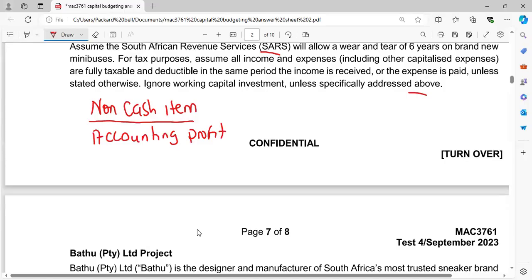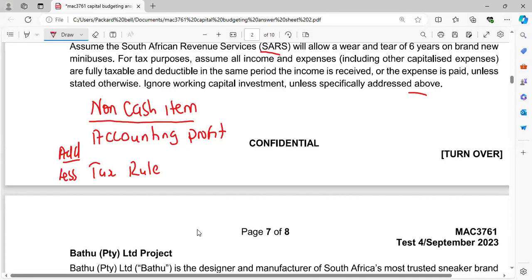And for tax purposes, what do we do with depreciation? We eliminate, we remove the accounting. For us to be able to arrive at the taxable income, we need to get rid of the depreciation that was already taken out, and then apply the tax rule. Those who are doing tax, I think we did a question like that. Even you guys, when you are doing your FAC, you can see this thing.